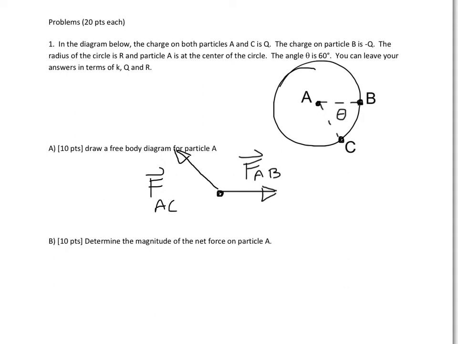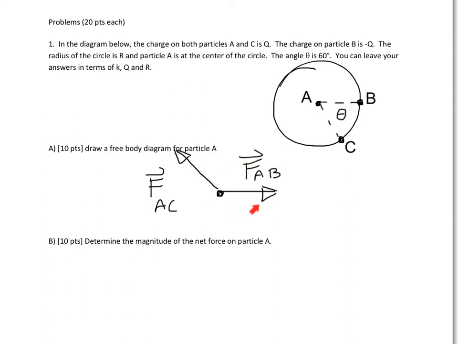I am going to indicate the angle here. Now let's think about that just for purposes of understanding the situation. This angle is 60, right? So the extension of this line that would go down in the same direction this way should in fact point in the direction of C, because C is directly here, and this is the line connecting A and C. So that would indicate that's a 60-degree angle.